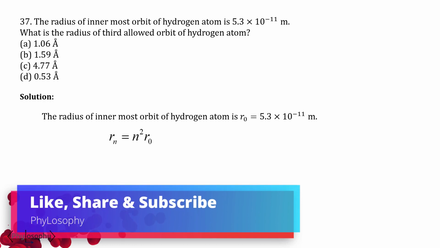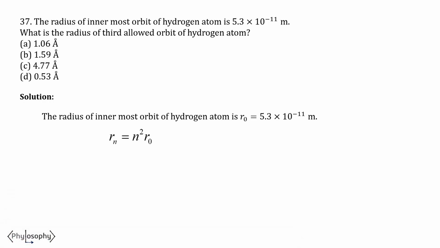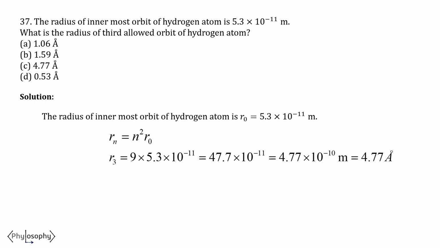Now we know that the radius of the nth orbit is given by the formula Rn equals n square times r naught. So if we put n equals 3, then we will get the radius of the third allowed orbit of hydrogen atom, which is 4.77 Angstrom. So option C is the correct answer.